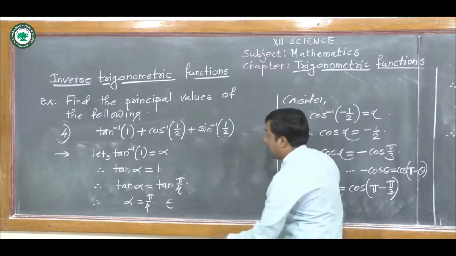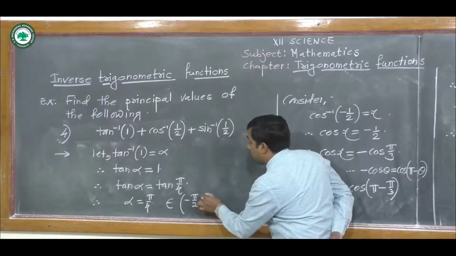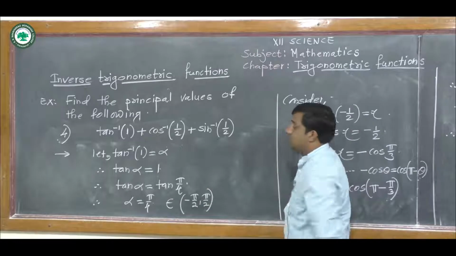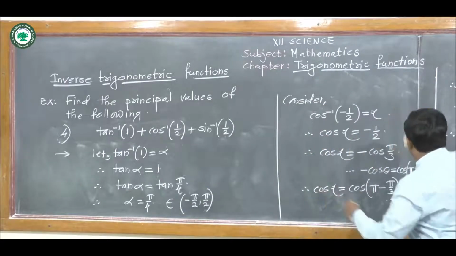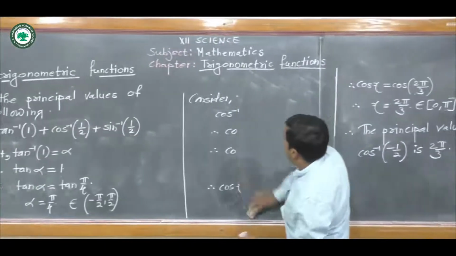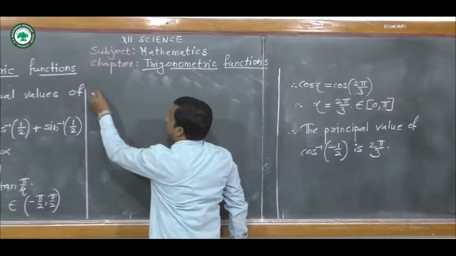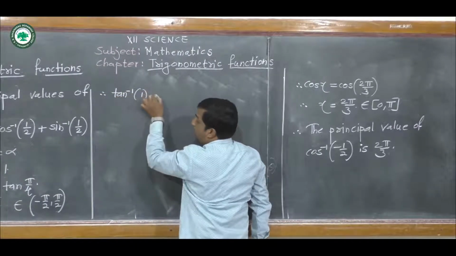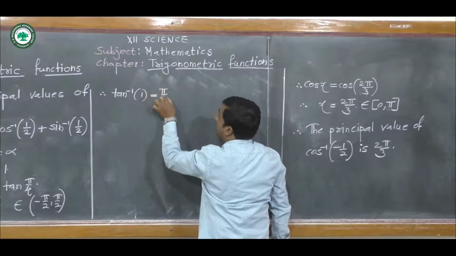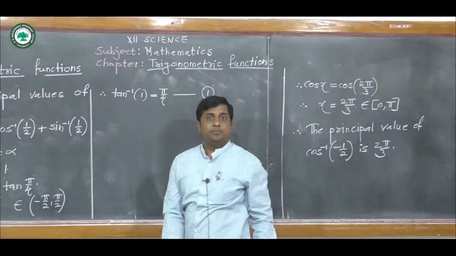If here alpha is equal to pi by 4, then here tan inverse of 1 is equal to pi by 4. Let us consider this as 1.